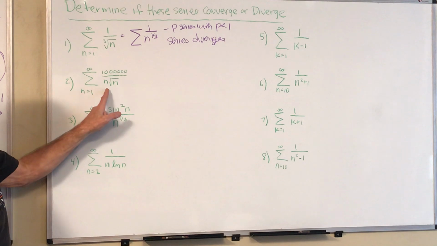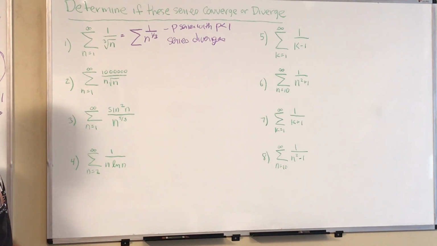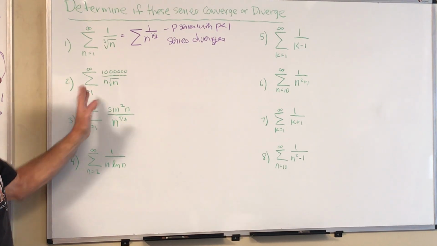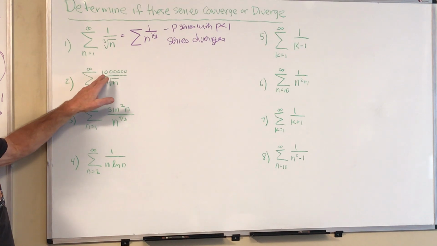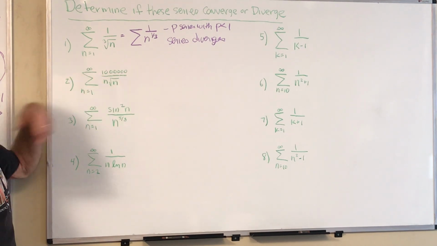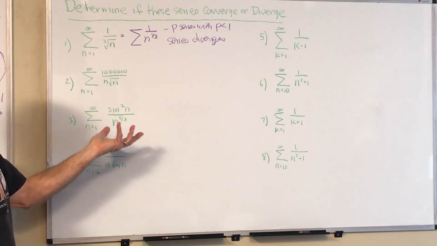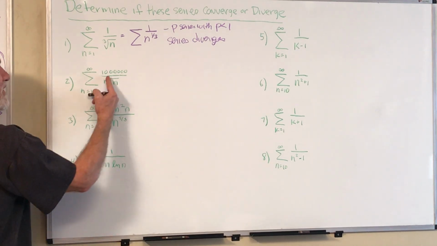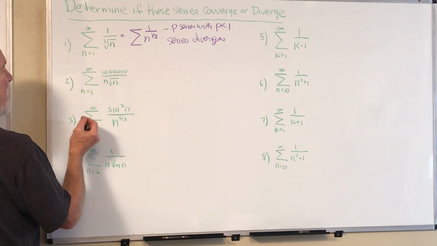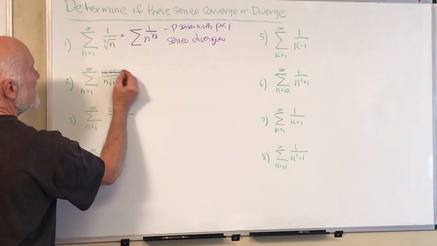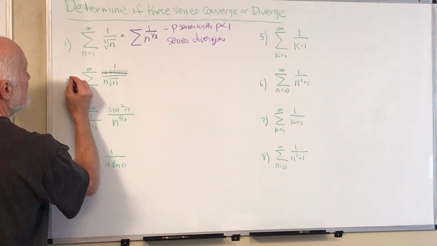Now, here's one that looks a little bit more complicated. But realize that every term here has a million in it. A million times something. That's not going to really affect the convergence or divergence. I could take this and take it right out front.